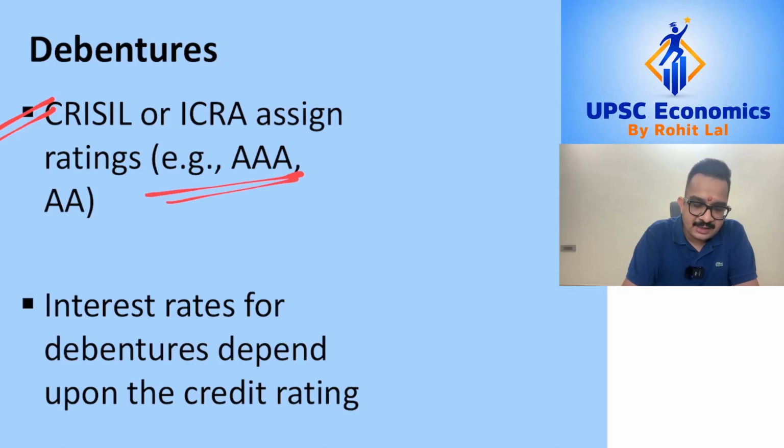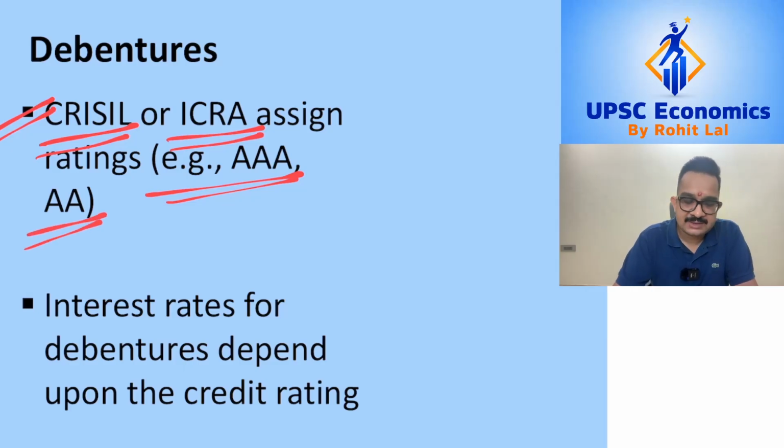Now there is a requirement from SEBI that any debenture issued to the public must have a rating from credit rating agencies such as CRISIL, ICRA and so on. Credit rating agencies rate the debentures which a company wants to issue. They assign ratings such as AAA, A and so on.